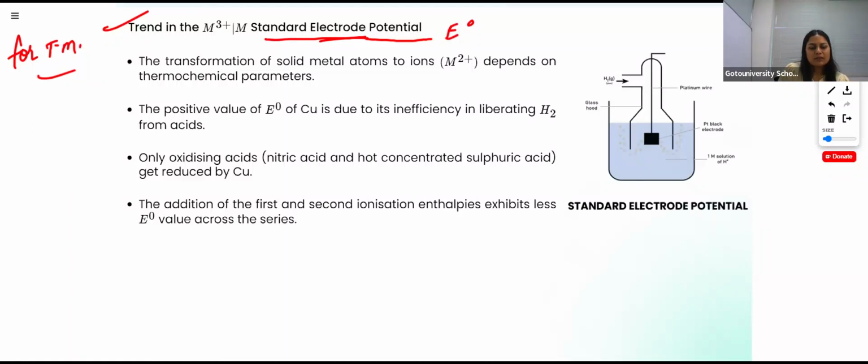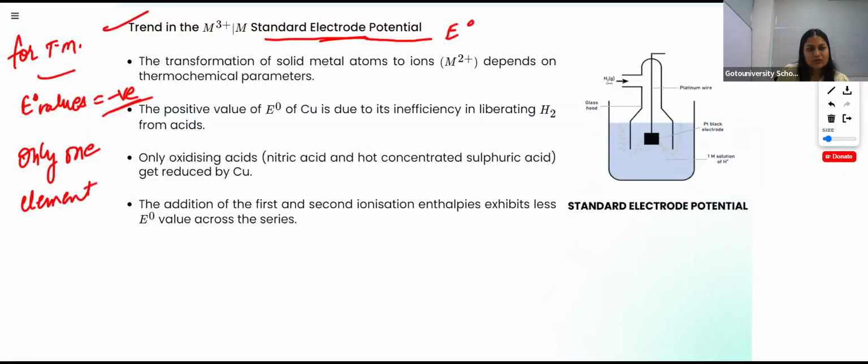For all transition metals, the standard electrode potential values are negative. All the transition elements show negative values, but only one element shows a positive E naught value.